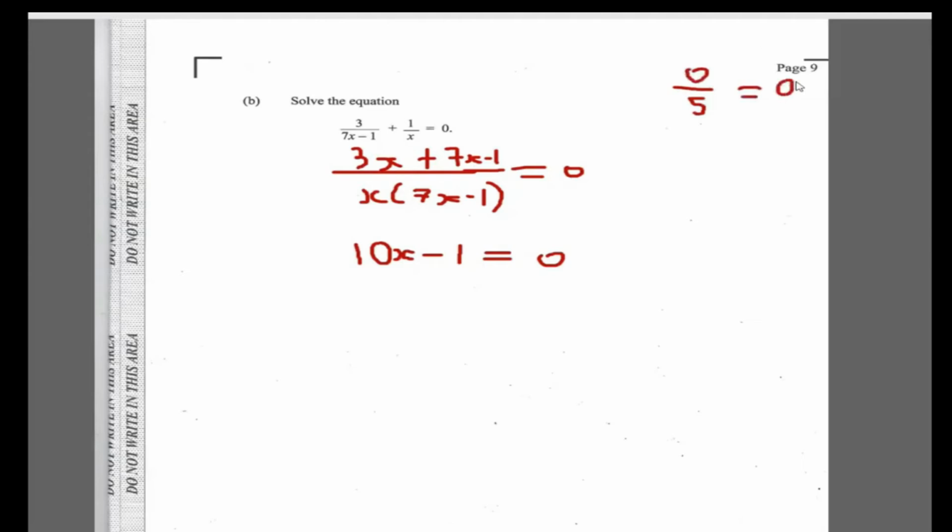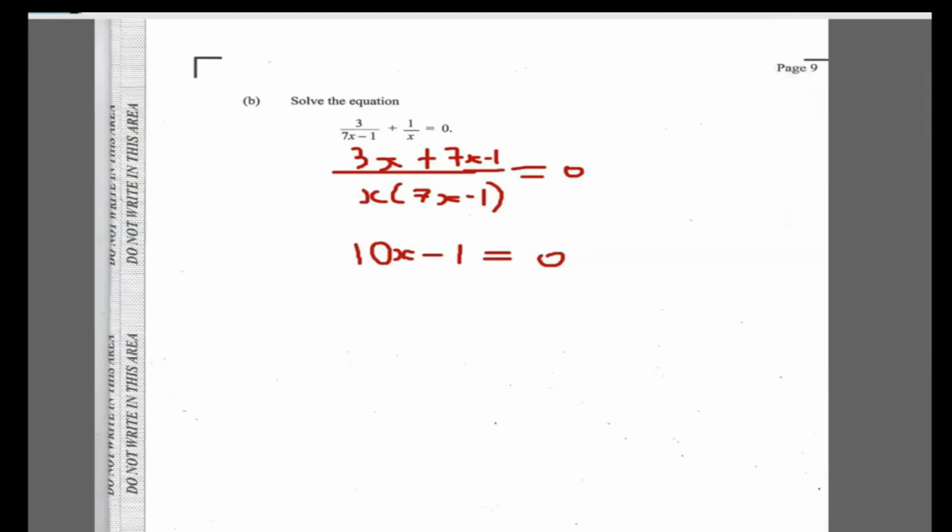So therefore I can always ignore the denominator. If x over 9 is 0, then clearly x must be 0. I'm just showing you another example that we can ignore the denominator, because the denominator doesn't trouble anything. So we can ignore that to say 10x minus 1 is equal to 0. And if 10x minus 1 is equal to 0, we can actually solve for x.